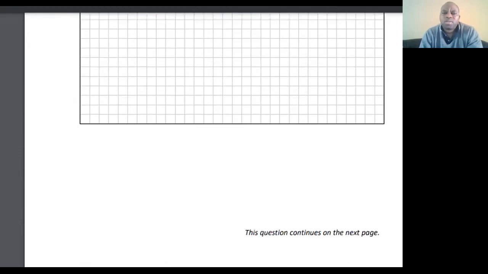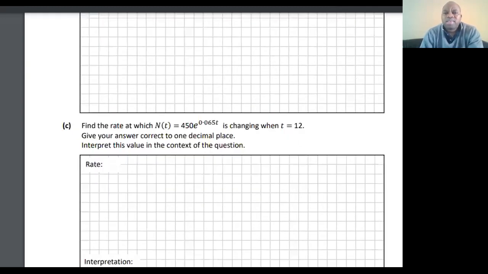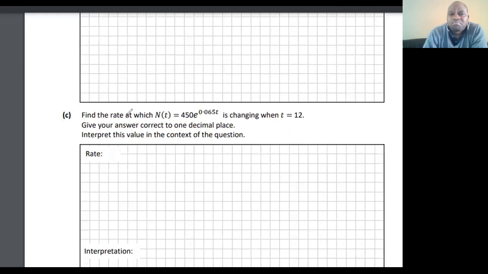So the next question is: find the rate at which this guy is changing. This is another thing. Find the rate at which this guy is changing. Rate of change. What does rate of change mean?